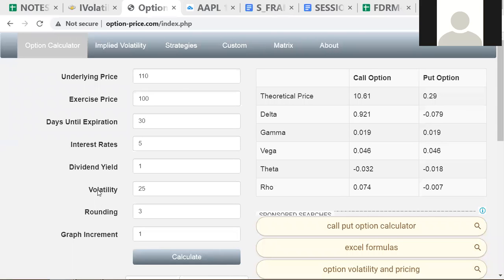Okay, let's ask Abha. Abha, what is the intrinsic value of this option now? This call option with the exercise price of 100 and the underlying is at 110. What is the intrinsic value of this option? Can you tell us?